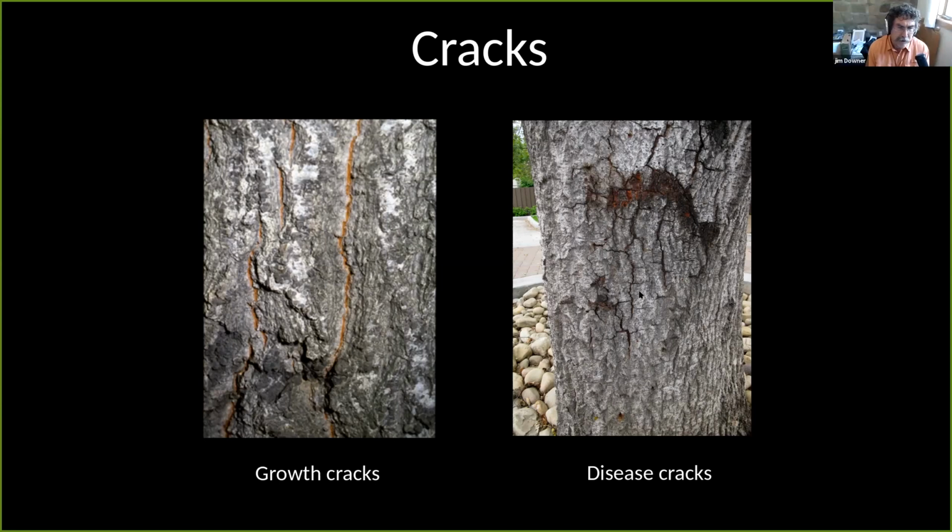So a pathogen has killed the cambium under the bark, and both these are coast live oak, so the bark is very thick. But in time, if it's not alive, it will dry out and it will start to crack longitudinally or horizontally. Horizontal cracks on trees are always a harbinger of something not good. Either an insect has been in there and caused damage or cracking, or a pathogen has done the same.